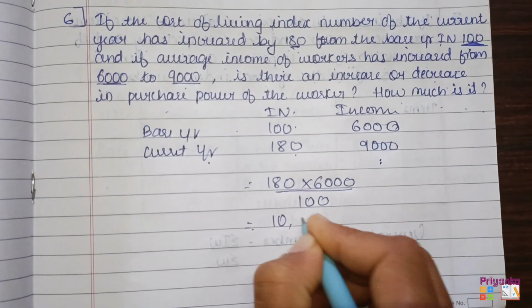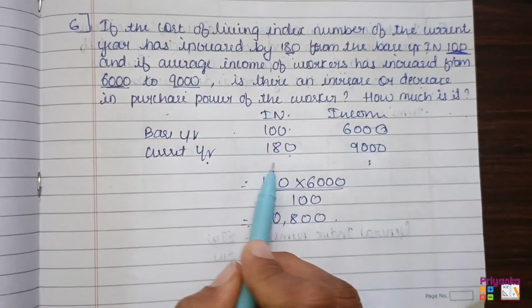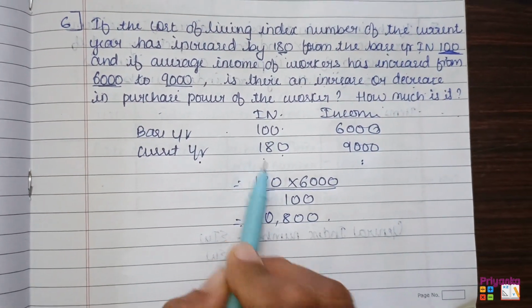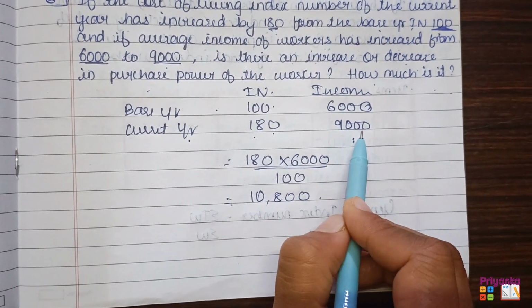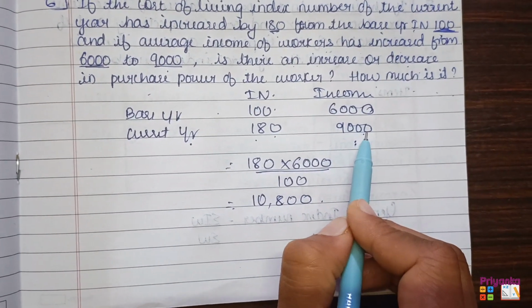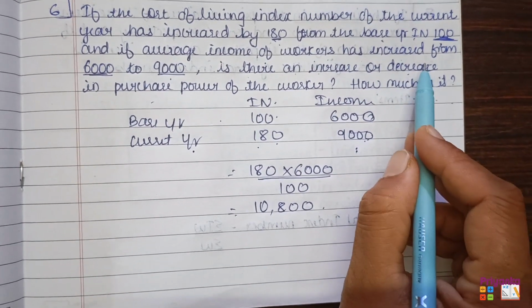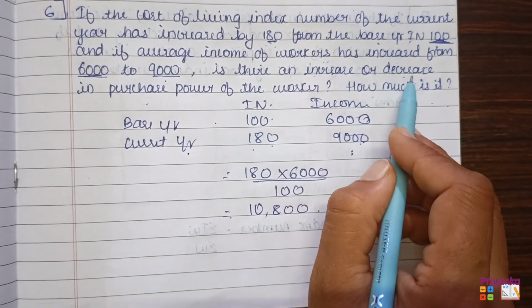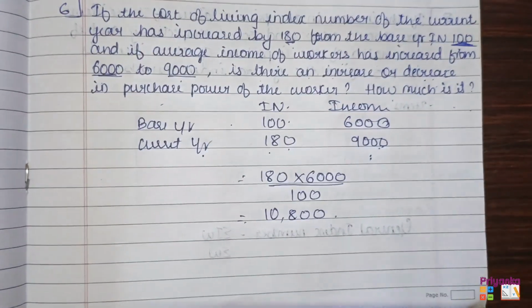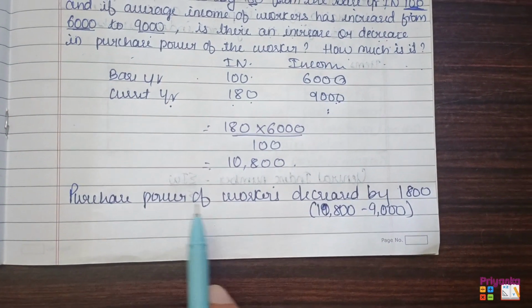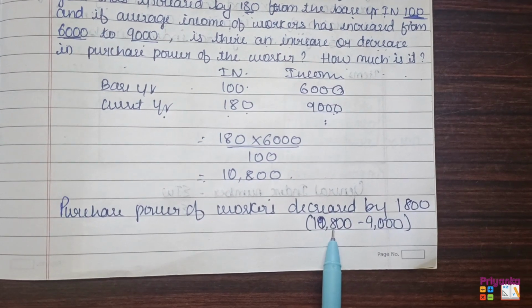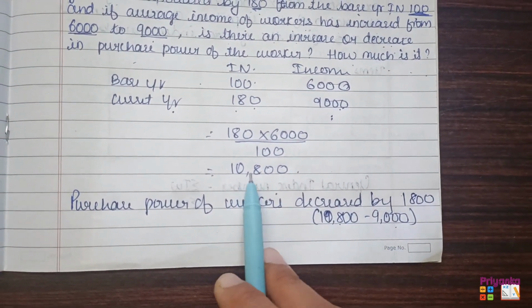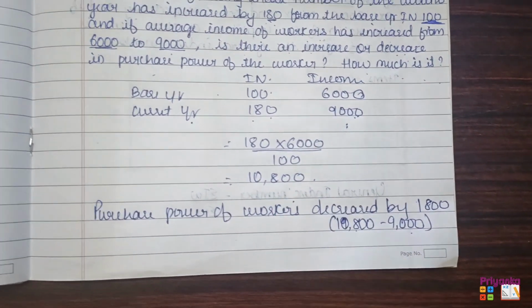Here we found 10,800, which means as per the cost of living index number the worker's income should be 10,800, but it has been only 9,000. So we can say the purchasing power of the worker has decreased. The purchasing power of the worker decreased by 1,800, that is 10,800 minus 9,000. I just remove the minus sign.